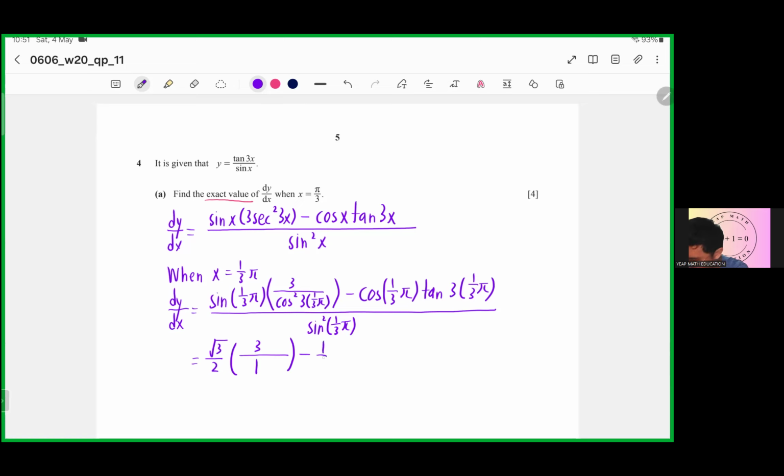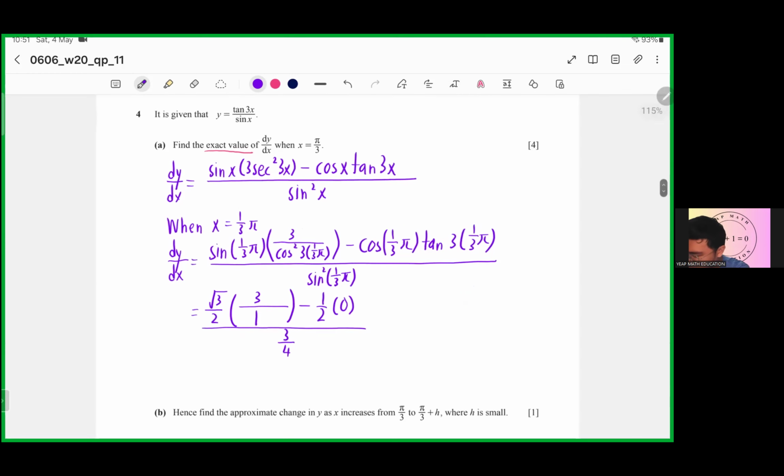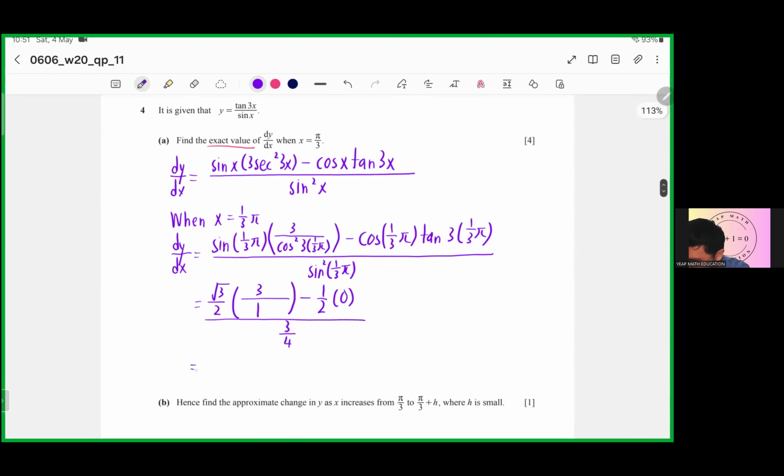Okay, 1, 2, 0 and then over 3 over 4. Okay. Then now I get 2 root 3. Okay, you make sure write in this format.